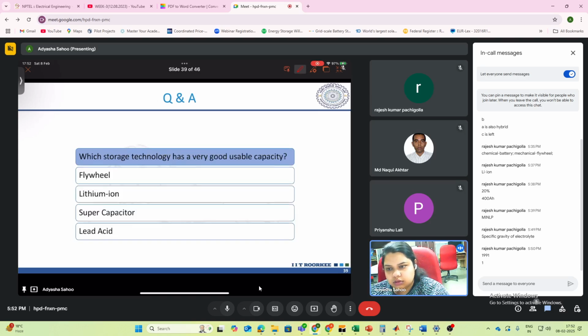Then next is, which storage technology has a very good usable capacity? So usable capacity here implies basically high energy density only. And this we have seen repetitively. This is lithium ion.